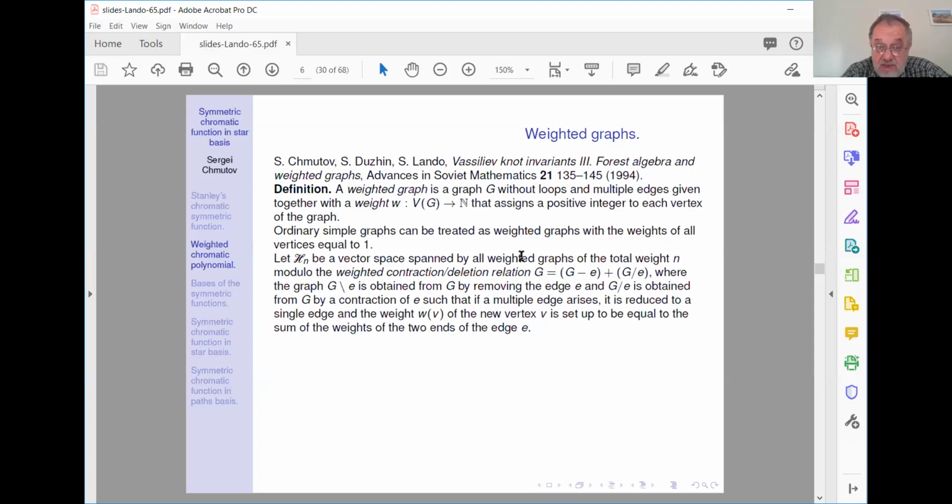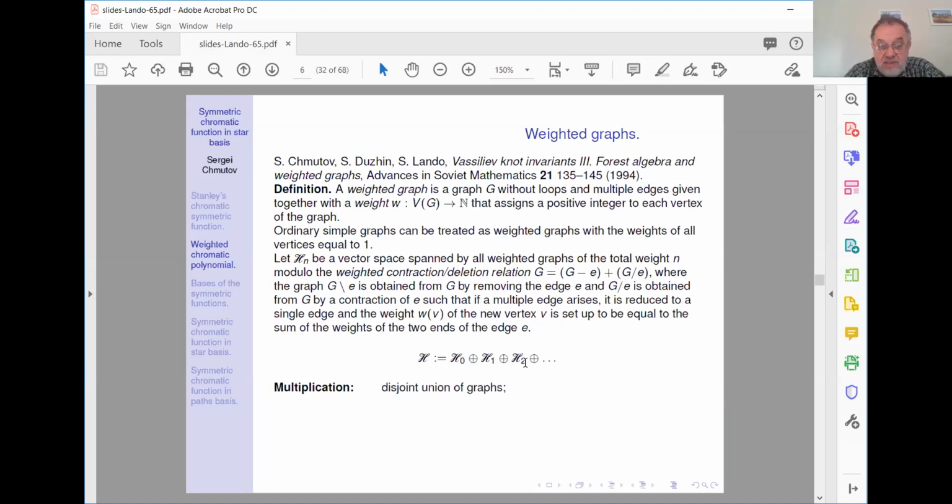And if I take, again, the vector space spanned by all weighted graphs with total weight n, that is homogeneous of degree n, the total weight of all of these graphs is also n. So I can take a quotient space, and that is going to be this one. And finally, I will take the direct sum over all n like that.